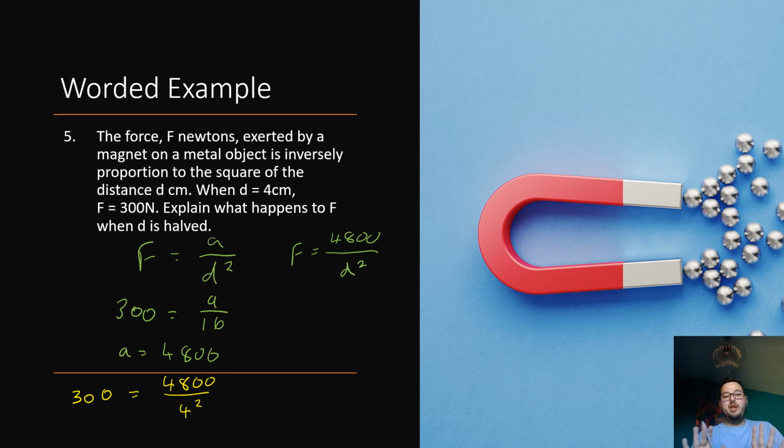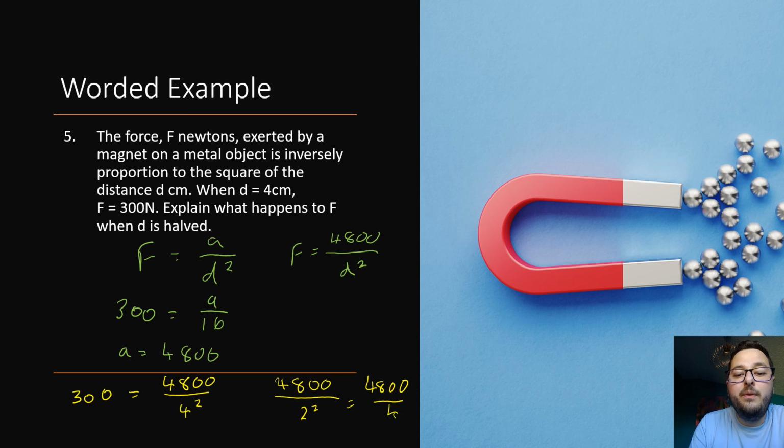Now we want to know what happens when d is halved. Well, let's halve d then. So instead of 4 squared, let's do 2 squared. So this is going to be 4,800 over 2 squared, which is 4,800 over 4.